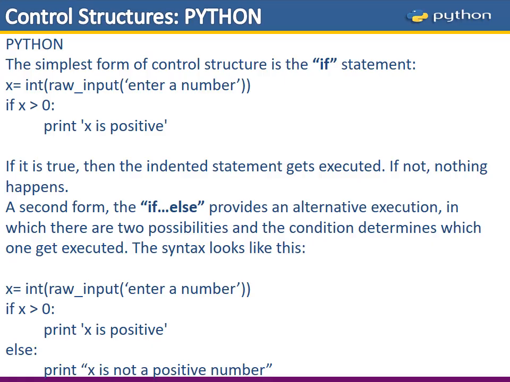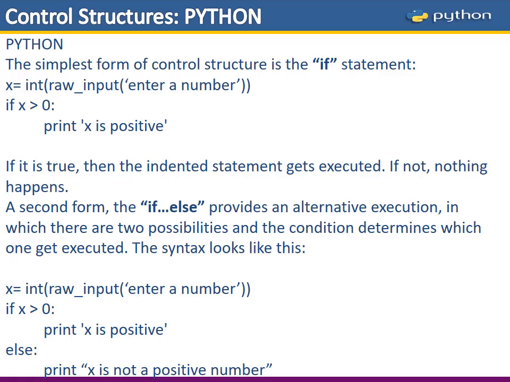Let's see the example here. We have the same example: the variable s equal to int, raw input, enter a number. The if statement condition: if s is greater than 0, print s is positive. Then we have another branch, which is else: otherwise, if the condition is not true, print s is not a positive number.